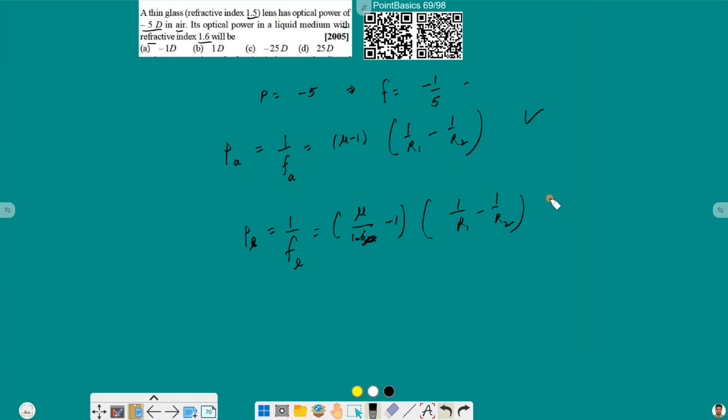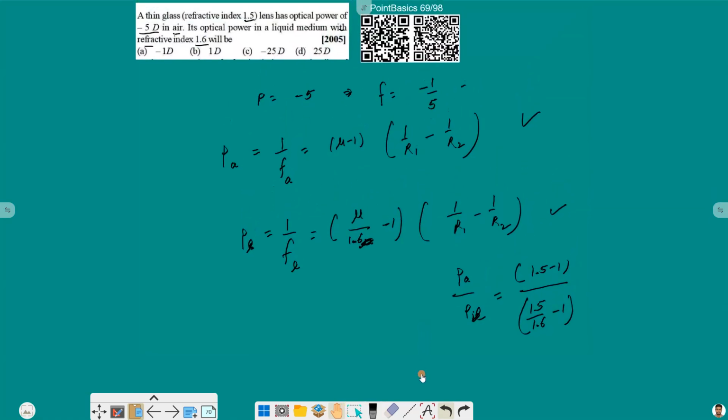If we divide both of these equations, we get power in air by power in liquid equal to mu minus 1, that is 1.5 minus 1, divided by 1.5 divided by 1.6 minus 1, and the radius term gets cancelled as they are unchanged and equal in both cases.